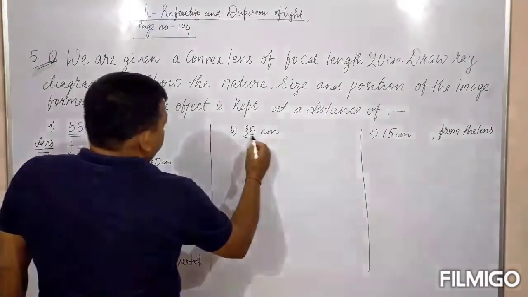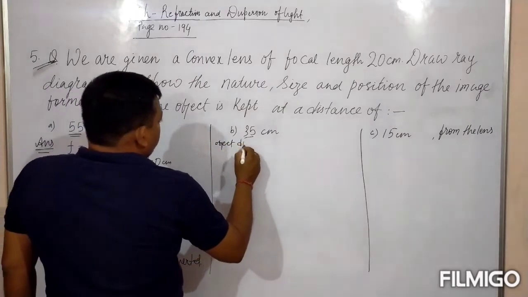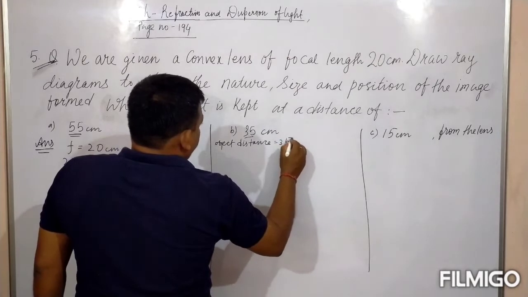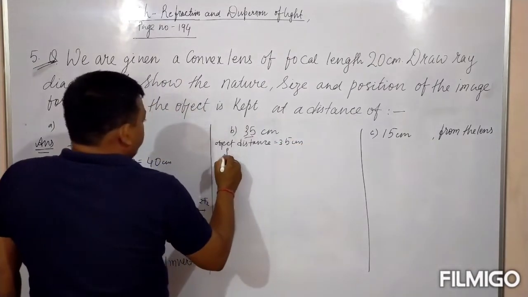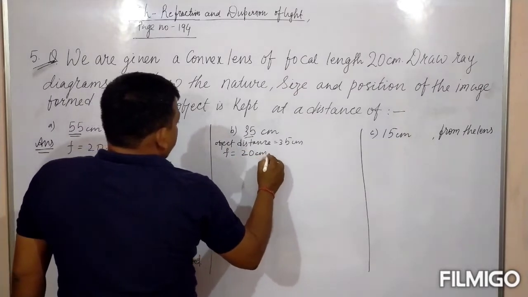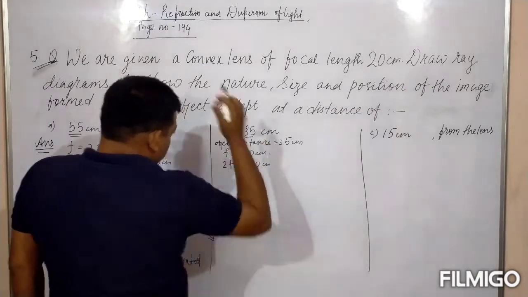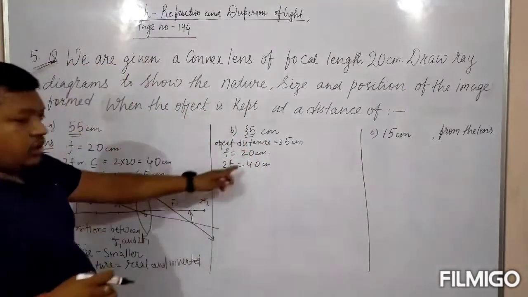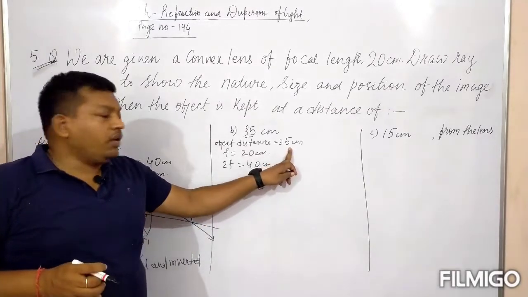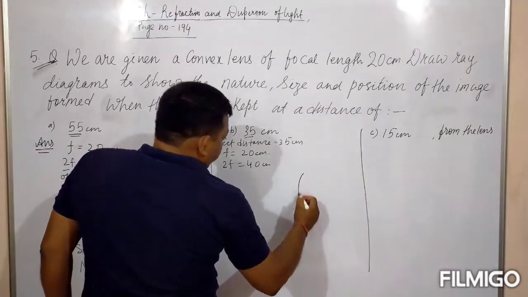Now 35 cm, that is, when the object distance is 35 cm, the focal length is given, F is 20 cm, and 2F will be 40 cm. So from the given data, it is clear that the object distance is 35 and 2F is 40.